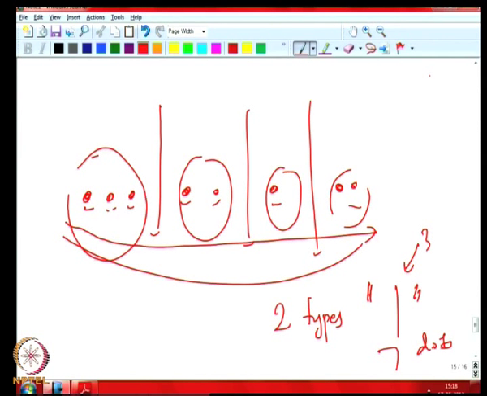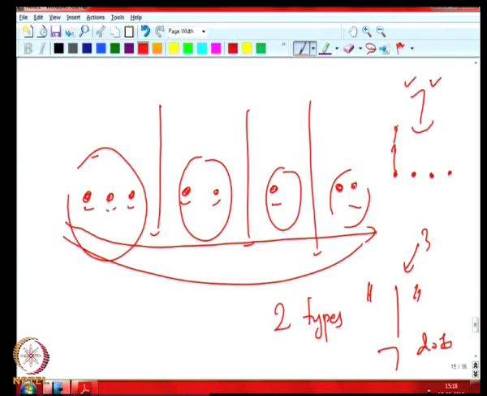We have to select 7 things, but there are only 4 things available: red thing, blue thing, black thing, and green thing. The only thing is they can be repeated here.